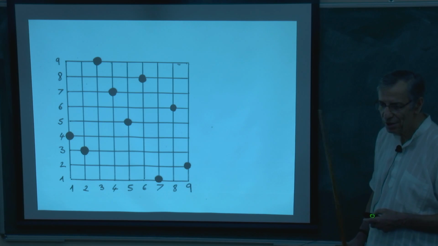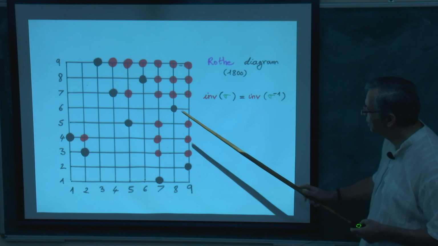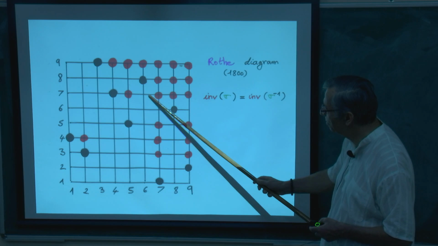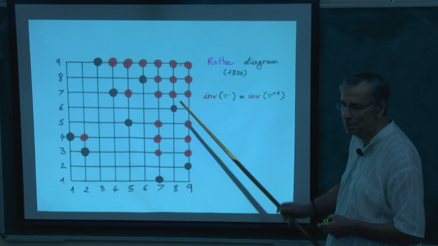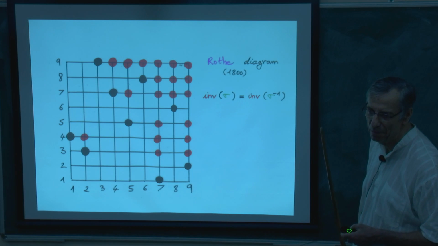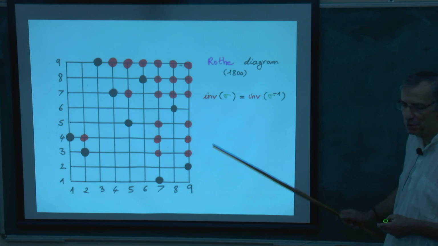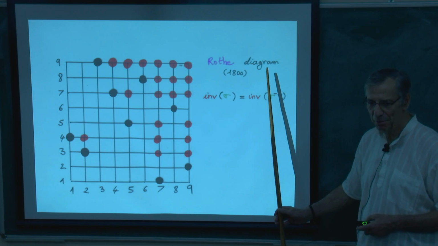So you can see this in a visual way. For each red point of the graphical representation, there is a black point on the left and a black point below. So each red point corresponds to an inversion of the permutation. So the total number of red points is the total number of inversions of the permutation, and this is called by Lascoux the Rothe diagram.